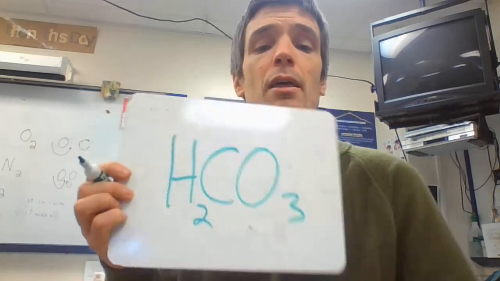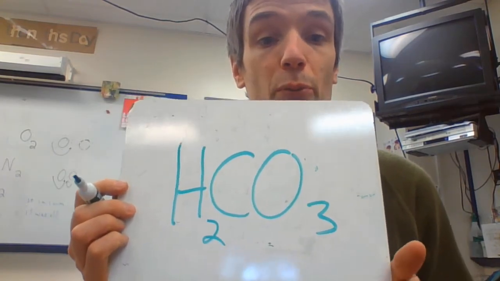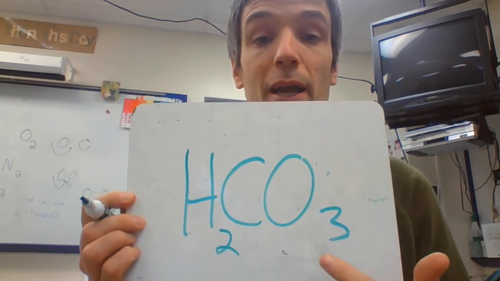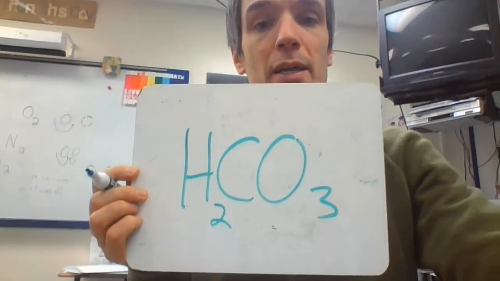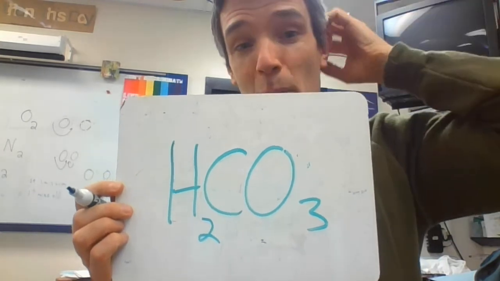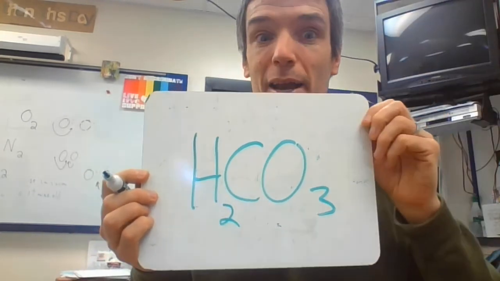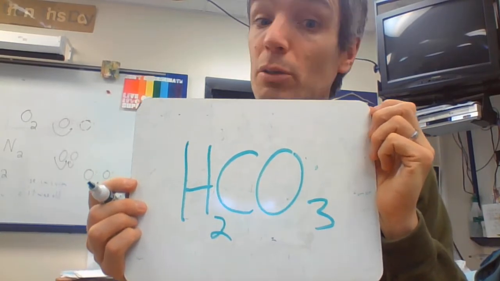Now, this one's a little different. This is H2CO3. This is three nonmetals. The formula is carbonic acid. It's why things like Coke are slightly acidic, because they've got some carbonic acid in it because of the carbon dioxide and the water combined to make it.